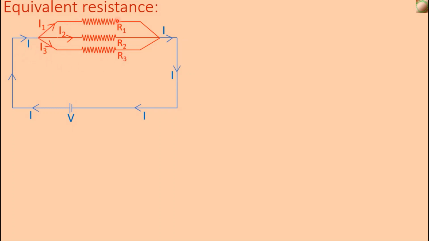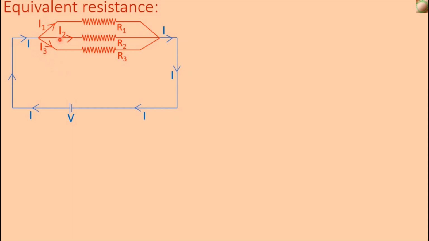Here through R1 resistance I1 current is flowing, through R2 resistance I2 current is flowing, and through R3 resistance I3 current is flowing. That is, I current is split into 3 parts, I1, I2 and I3. That is, I = I1 + I2 + I3.